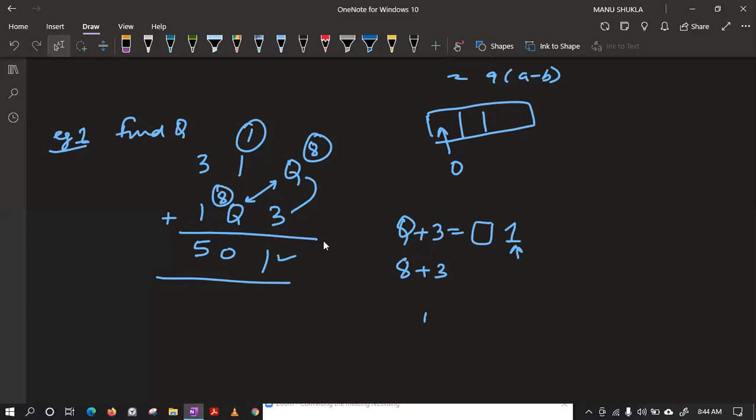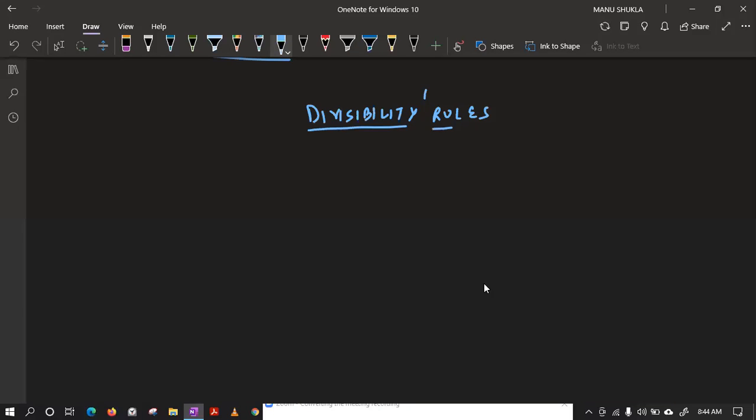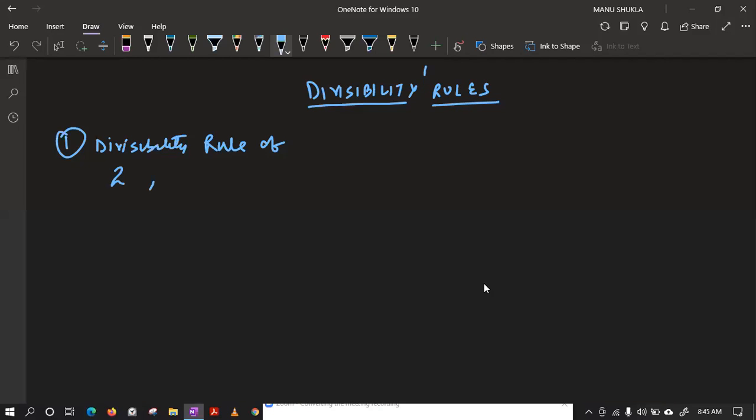Now let's start the next topic, that is divisibility rules. Although we all know these rules already, let's do it formally. First is the divisibility rule of 2, 4, 8, 16, and so on.